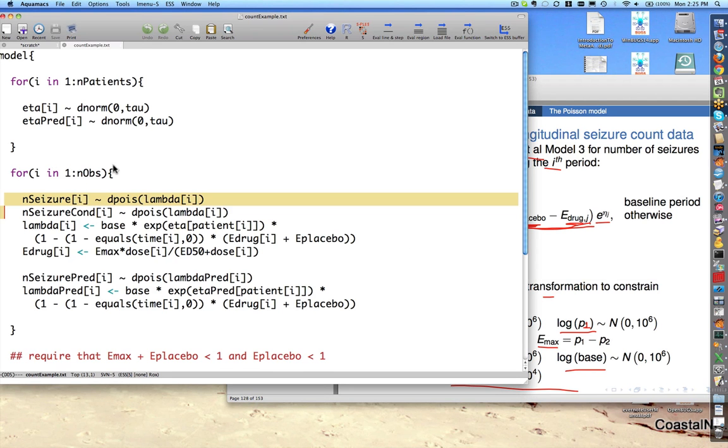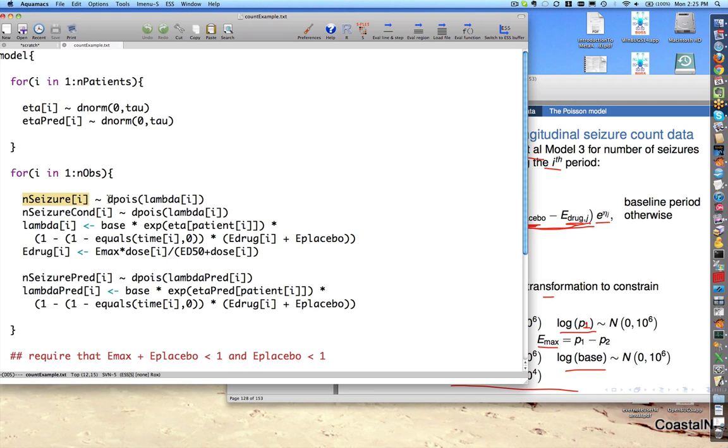This is inside of a loop that goes over our observations, where this N obs is defined in our data set. Similarly, the N seizure values are also defined in the data set. So that's the number of seizures for a given individual, for our ith individual here.